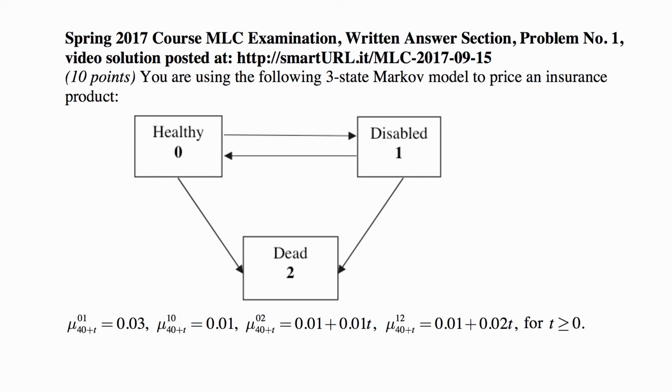From state 1 to state 0, it's a constant force of 0.01. From state 0 to state 2, it's 0.01 plus 0.01 t, so it's increasing with t. And from state 1 to state 2, it's 0.01 plus 0.02 t, also increasing in t and faster than the previous one.